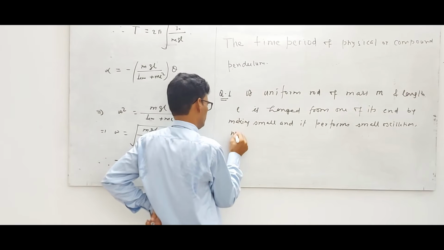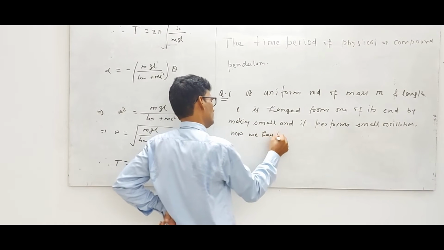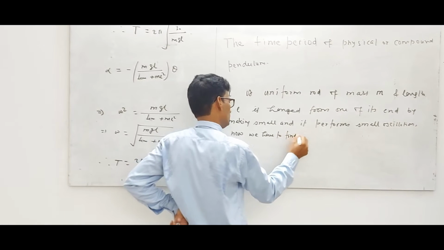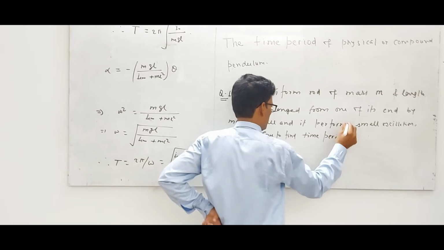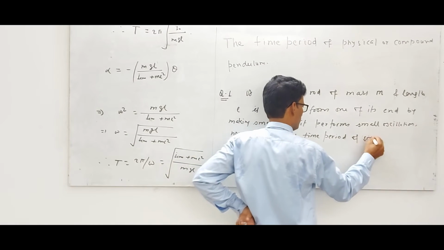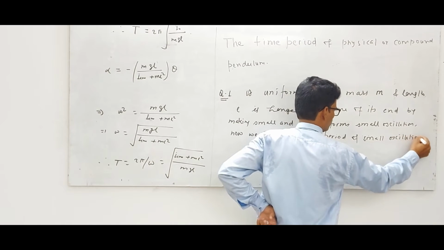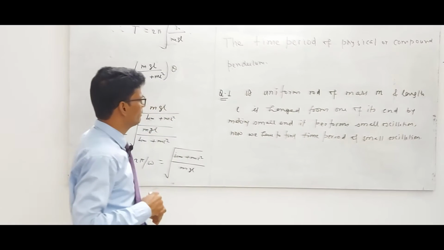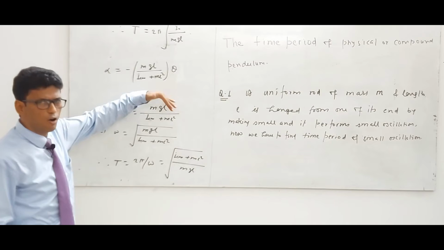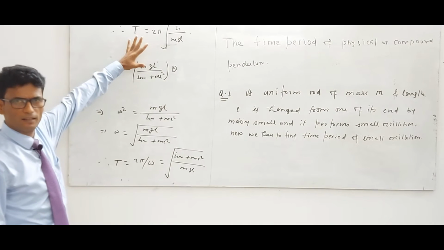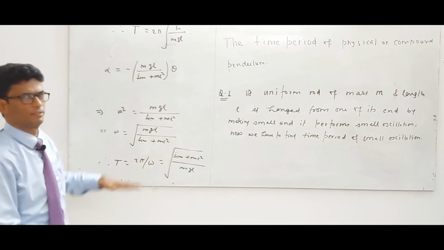Now we have to find the time period of small oscillation. That's the very simplest problem, because we just want to know how we apply the formula that we have derived.